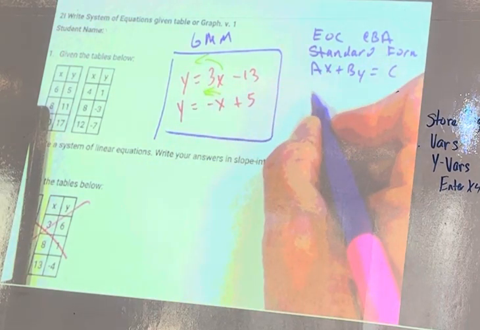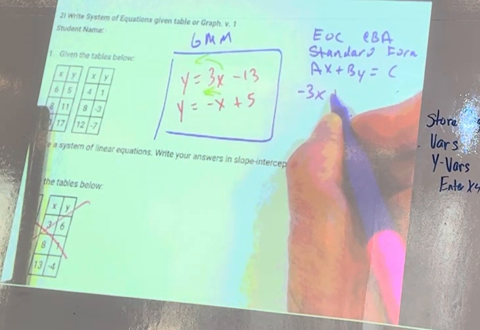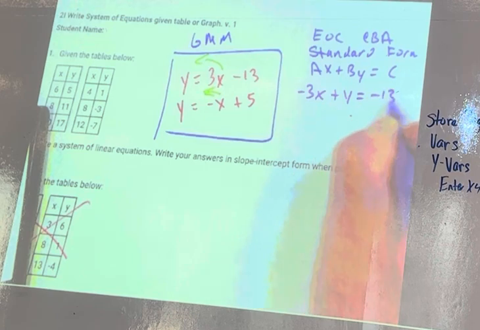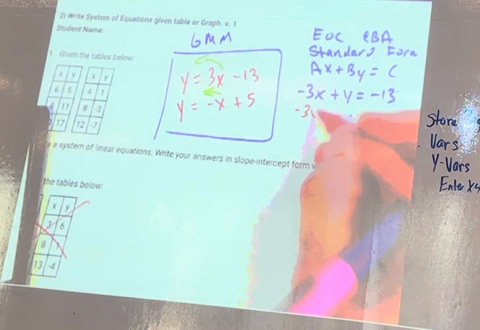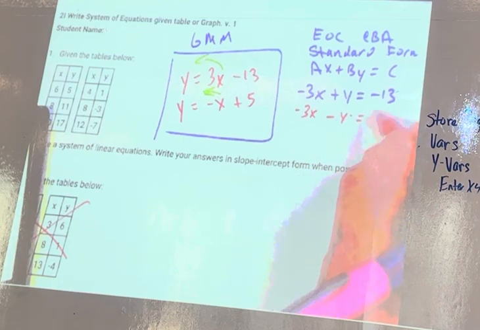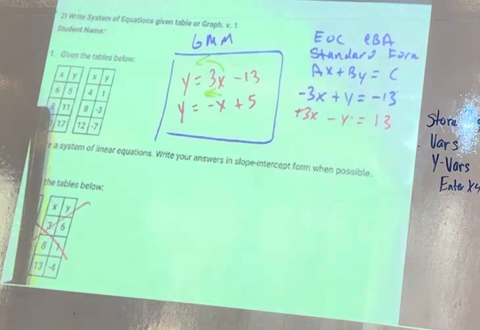So first one's going to be negative 3x plus y equals negative 13. And what do I have to do? Can A be negative? No. So just change all the signs. As long as it's not an inequality, you don't have to do anything else but change the signs. So that's positive 3x.